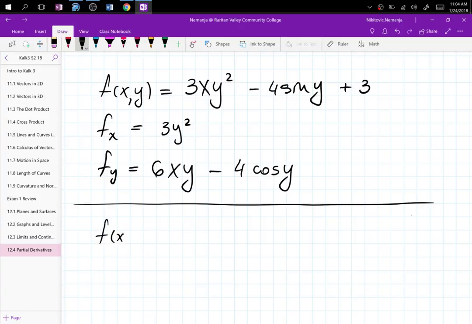So f of x, y, you can exploit the symmetry of the problem. So for instance, if you have a square root of, let's say, 4xy minus 9, the derivatives with respect to x and with respect to y in this problem are going to be the same.